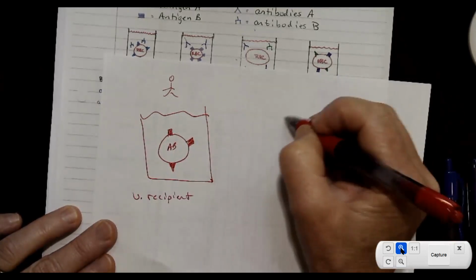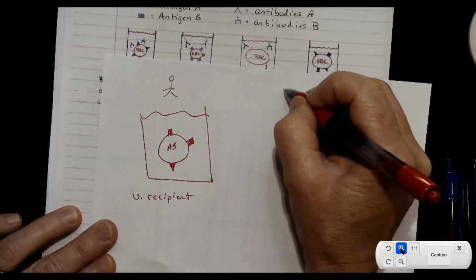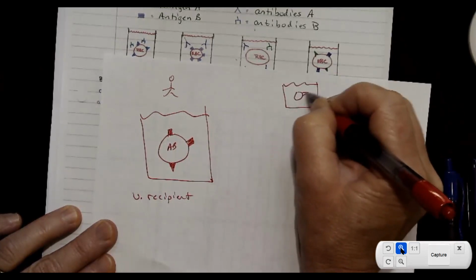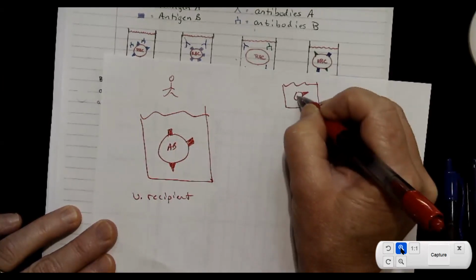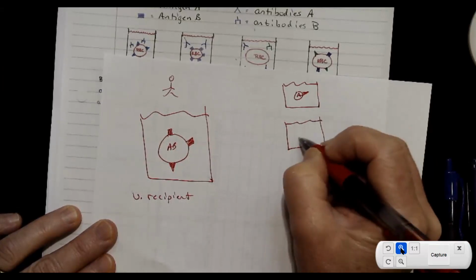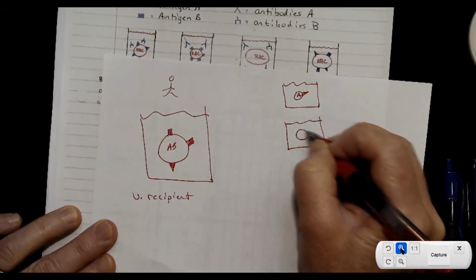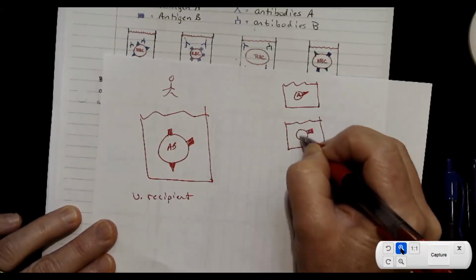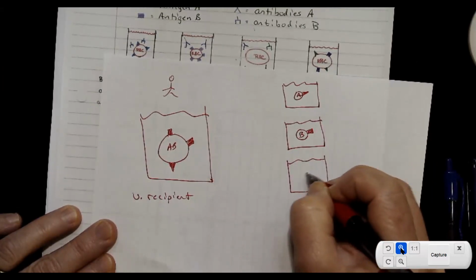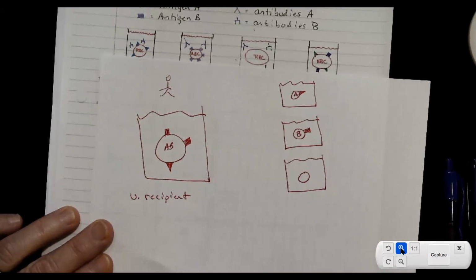So if you think of all the other blood types, let's just do them real quickly here. There's the spike. I'll put an A there for type A. And this is type B, the block. And this is O, no antigen, all right?